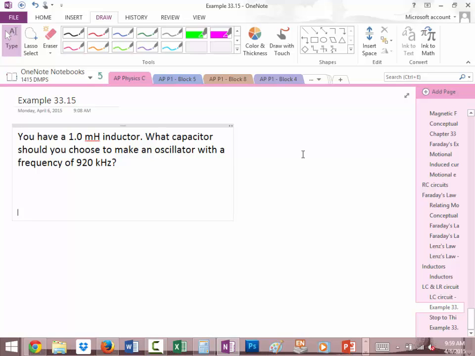Omega is angular frequency, right? So you need to relate that to this frequency. How are they related? Omega is 2 pi f. Is pico 10 to the negative 12? Yeah, I think it's negative 12. I'll look it up quick while you're working. I don't use pico very often, so it's not stuck in my head.